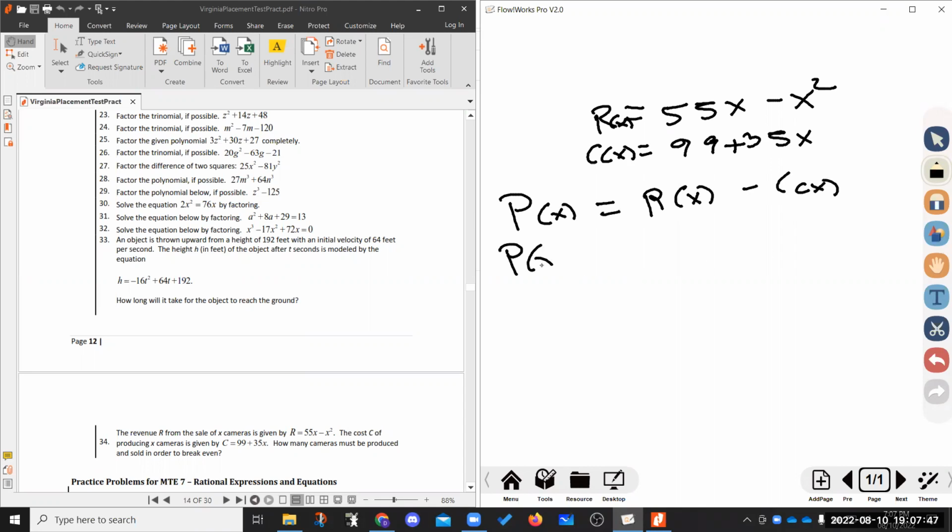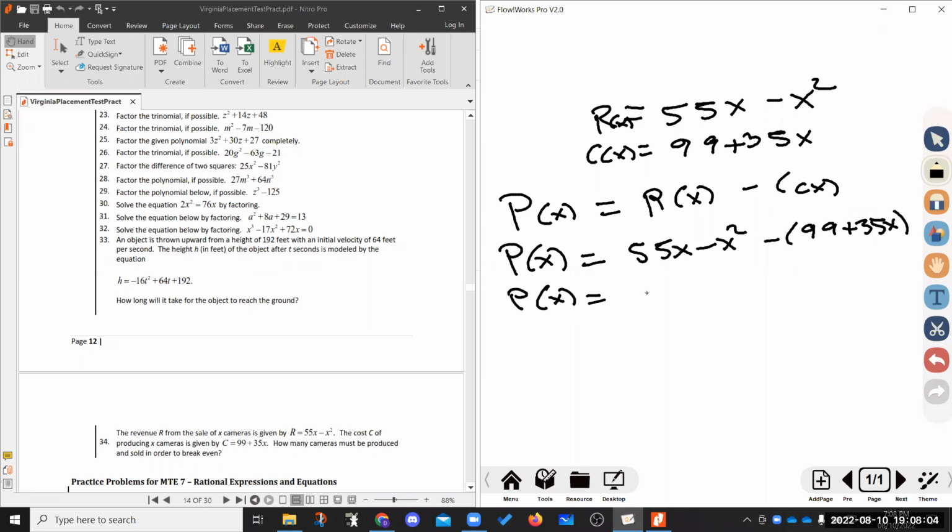So my profit function, because they're asking us to break even, which means that we're going to make 0 profit, is going to be 55x minus x squared minus 99 plus 35x.